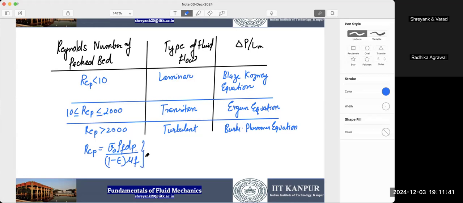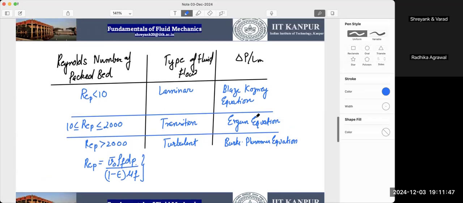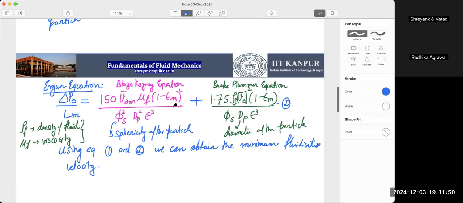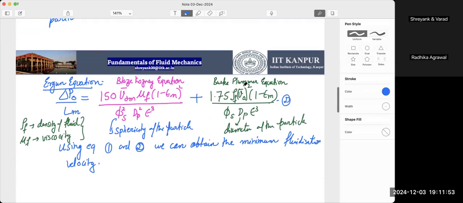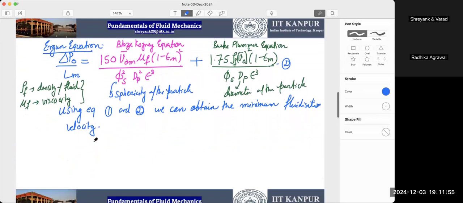So why in laminar flow do we use the Blake-Kozeny equation, and why in turbulent flow do we essentially use the Burke-Plummer equation? Because the Blake-Kozeny equation tells you the pressure drop due to viscous loss.